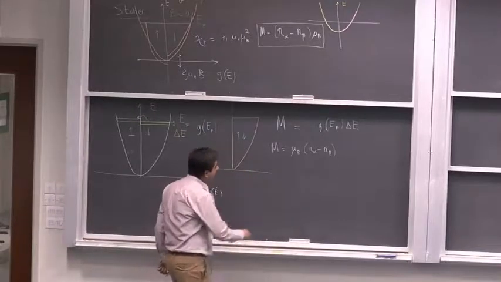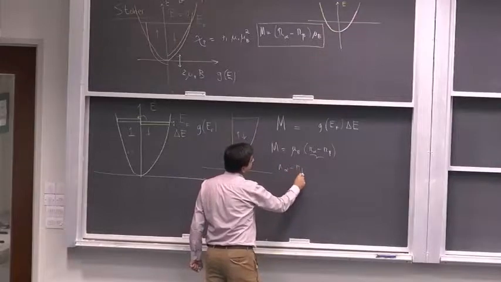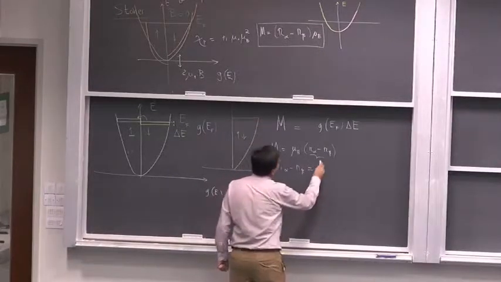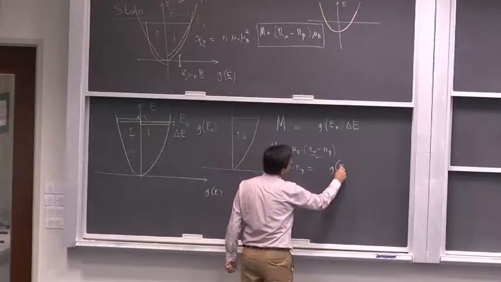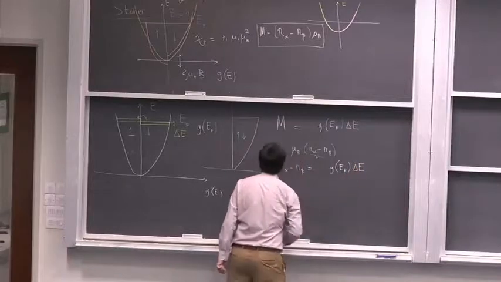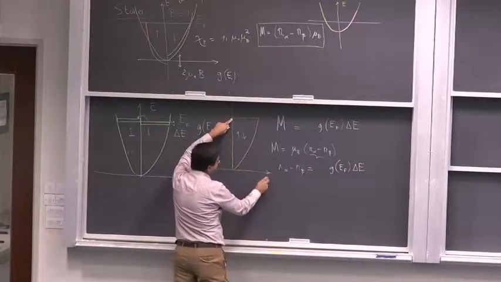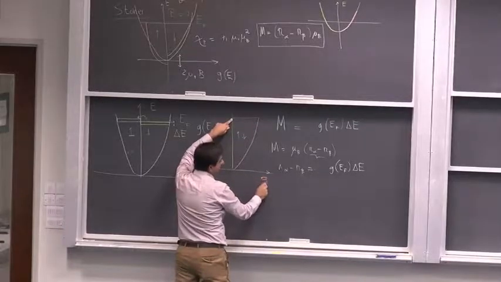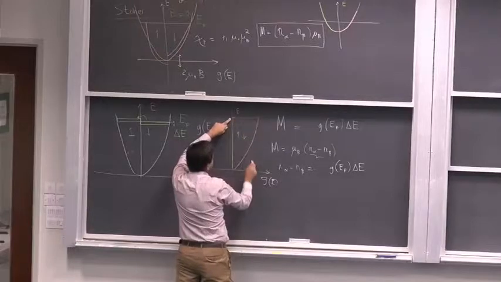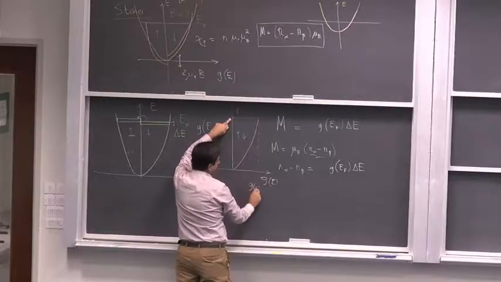Now I would like to find out this object, n alpha minus n beta. This object is G(EF) delta E. Now G(EF) is defined, this is G(E), this is E, this value is defined as G(EF).